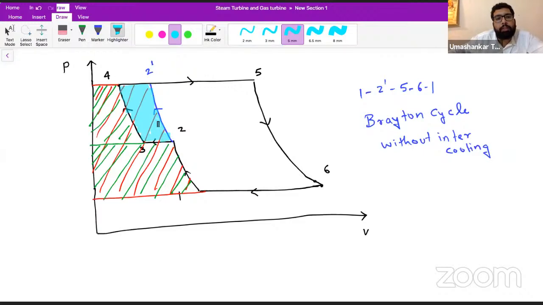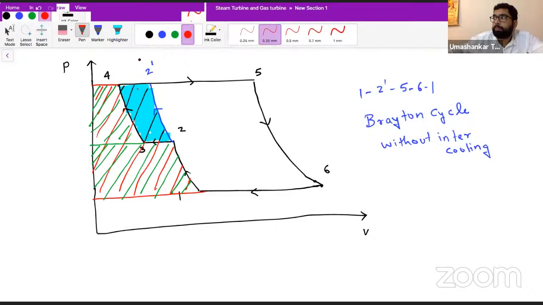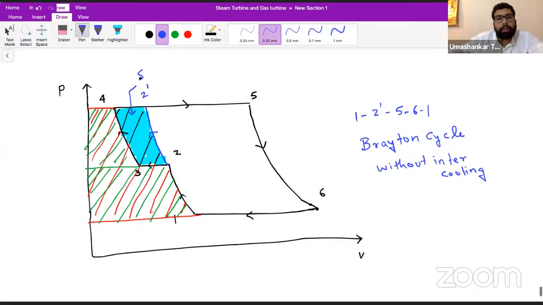This is the work saved. Yes or no? This is the work we have saved while compressing in two stages.